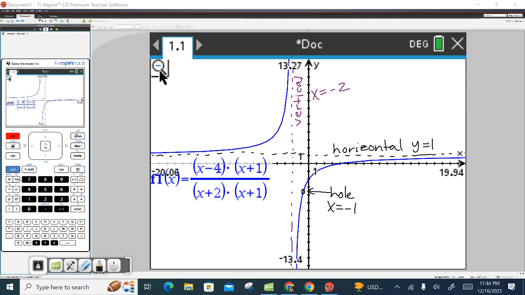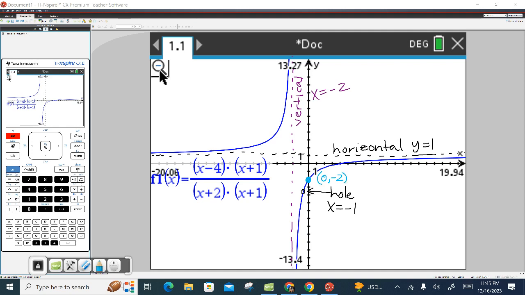Now, when we solved for the intercepts, remember, when x is 0, which means we're on the y-axis, my y-intercept was -2. So remember, we said that your y-intercept was at (0, -2).